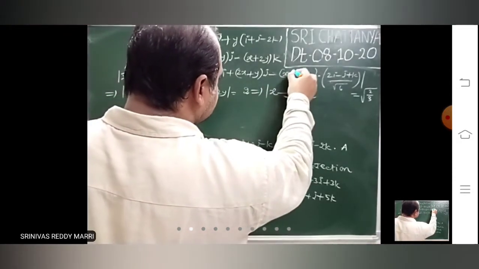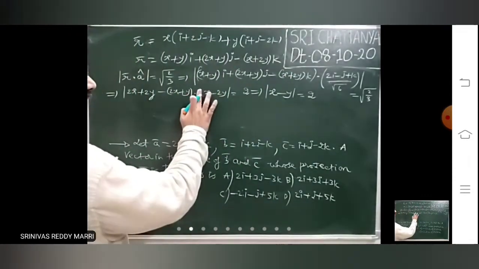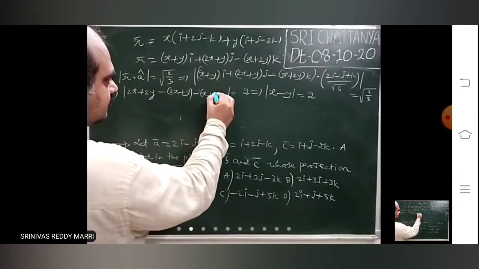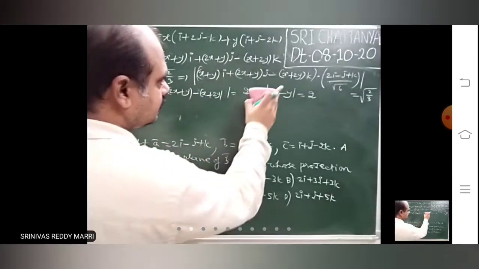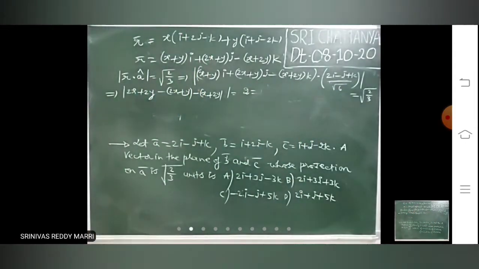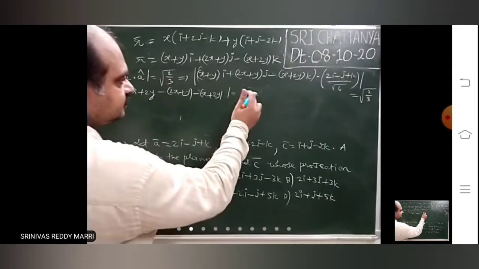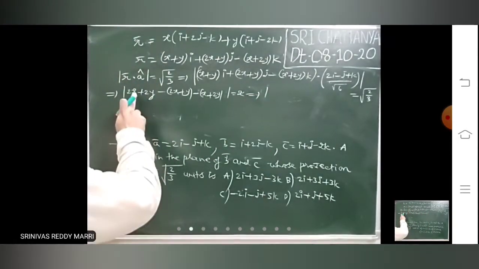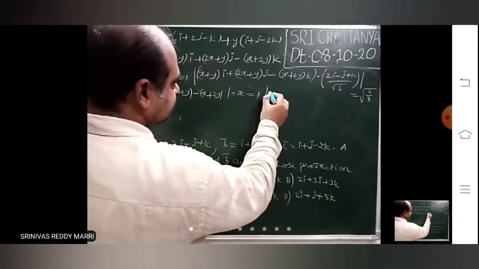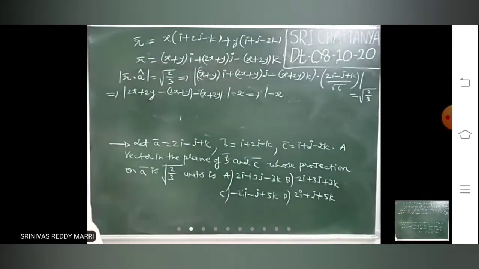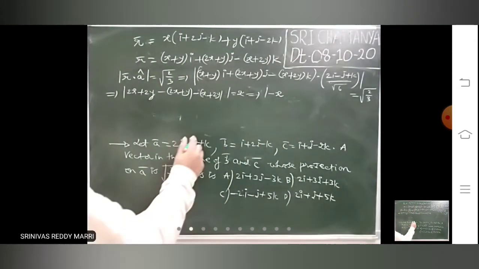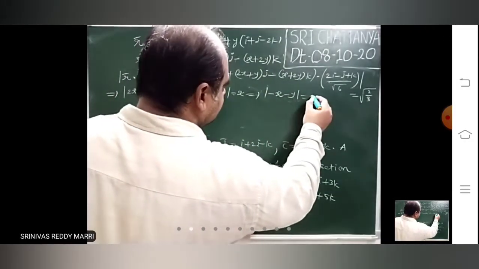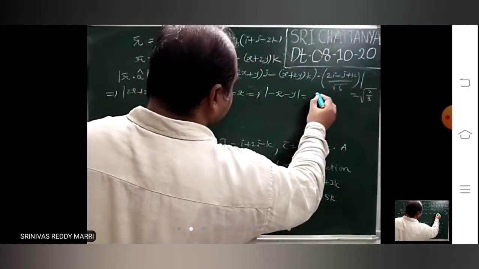So you will get modulus: 2x minus 2x cancel, so minus x, 2y minus 2y cancel, equal to 2.